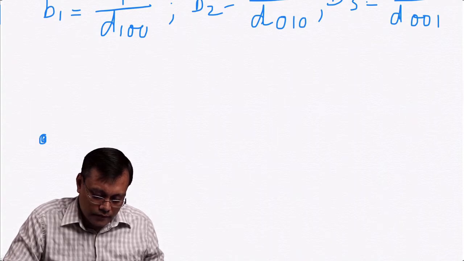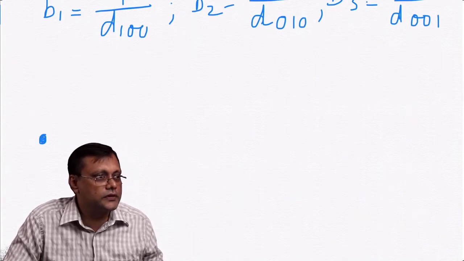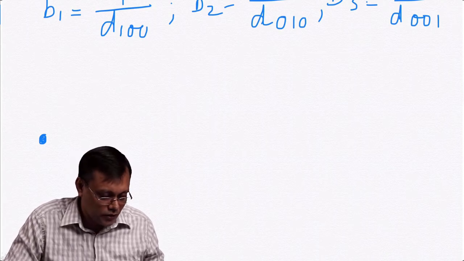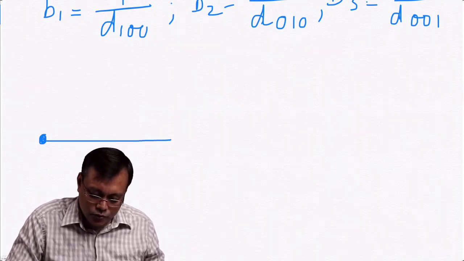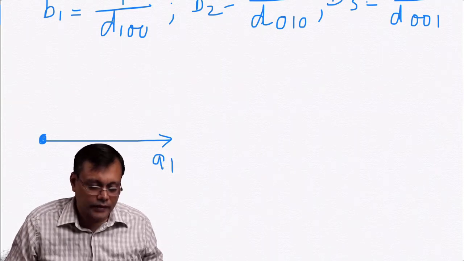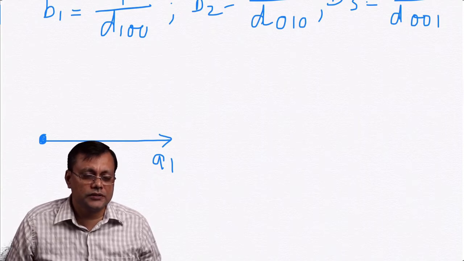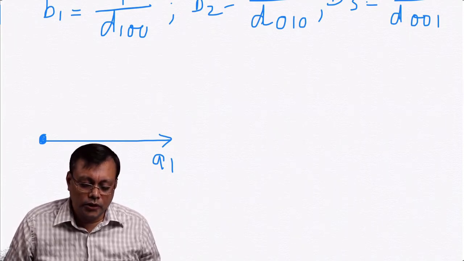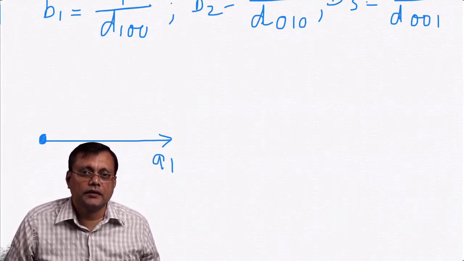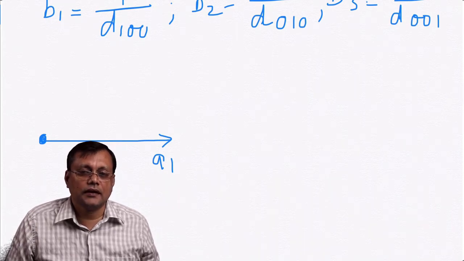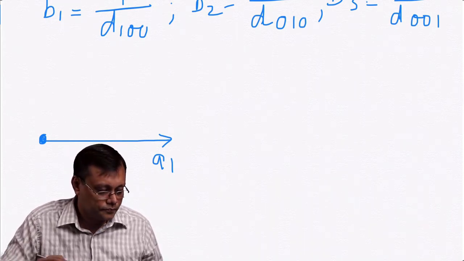So here let's assume this is the origin, and this one is the A1 vector. Whenever I call this vector A1, you should immediately interpret that this is in real space.